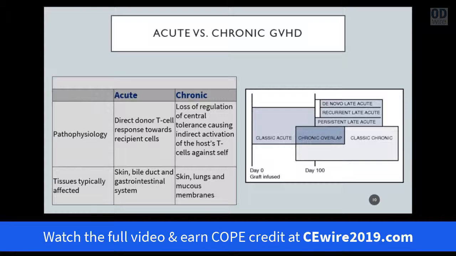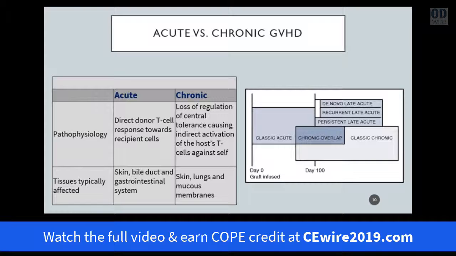Around the 100th day, you can get persistent late acute, recurrent late acute, or even de novo late acute. So it becomes more difficult to classify based on time alone. But for the purposes of our discussion, we're going to use that 100-day mark to differentiate acute from chronic.